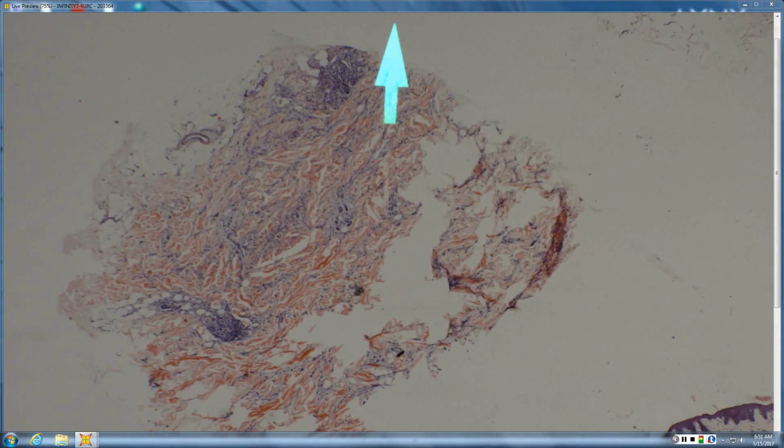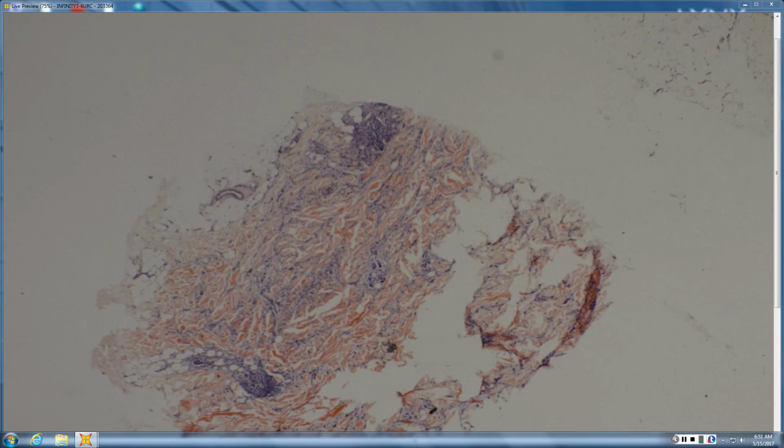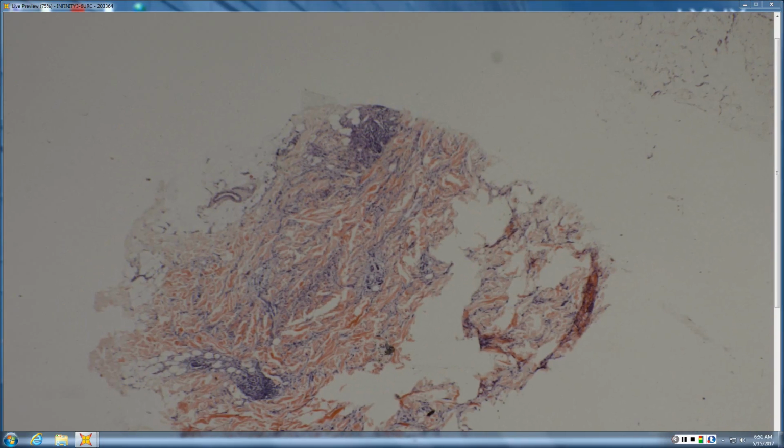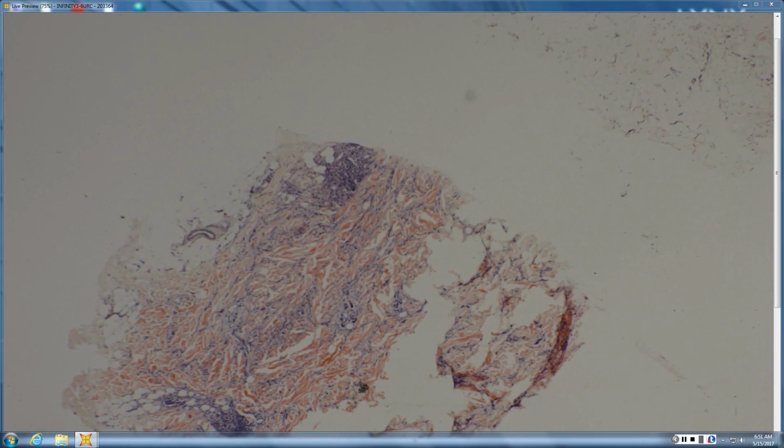So this one, I'll pause when we get closer in so everyone can get a little bit better focus. But this one from scan is not a simulant, but you can see why it can almost look like granuloma annulare or some other things with that almost interstitial mucin appearance. But this is cancer. This is metastatic breast. And the history I have on here says woody plaque on chest.